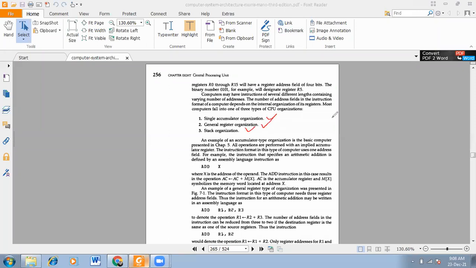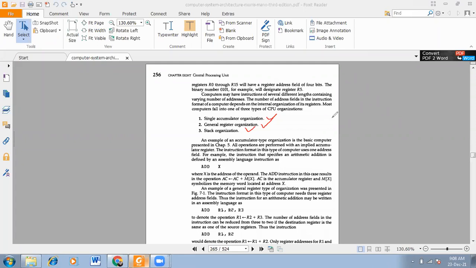Correct. So single accumulator organization means an accumulator where you are doing arithmetic, logical, whatever the operation is. That is called the accumulator. So single accumulator, because there must be only the one register, the accumulator. And there are several general purpose registers, you know, already we have discussed.